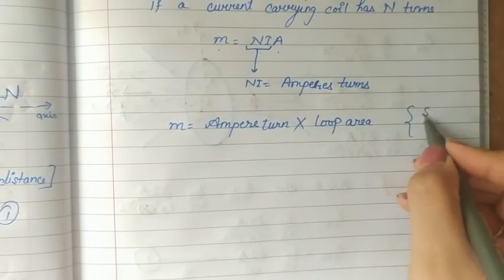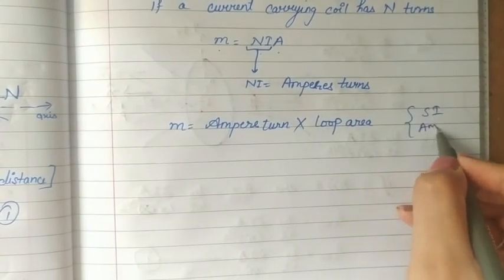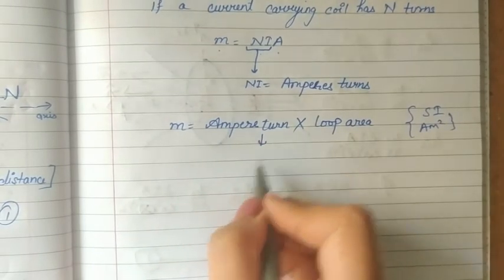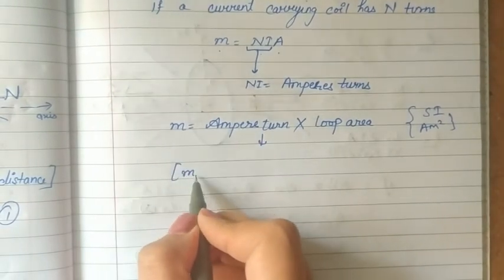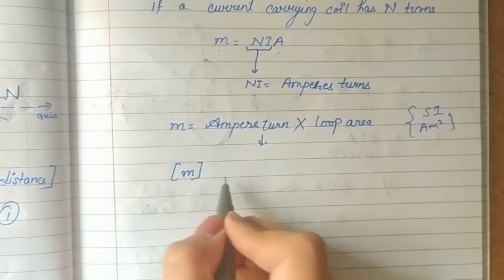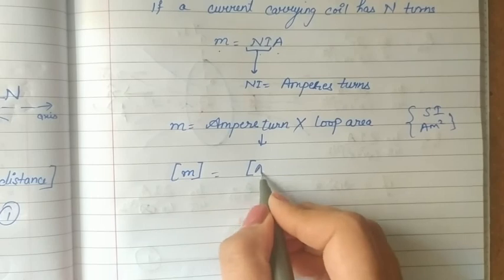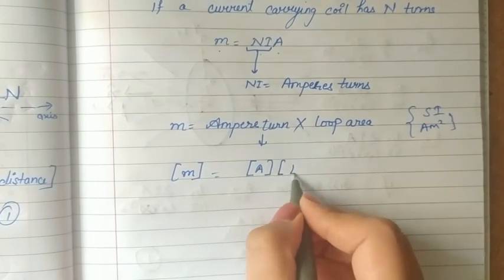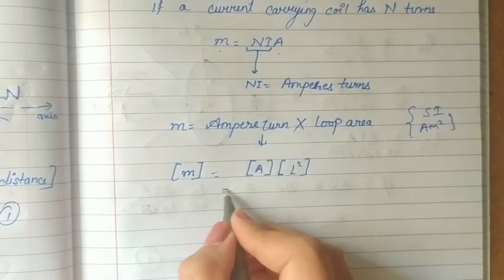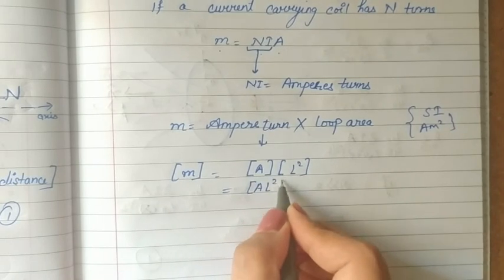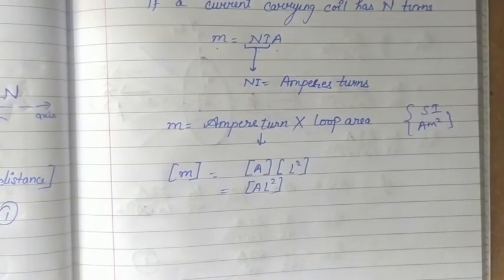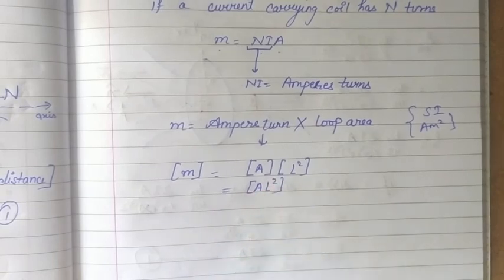So the SI unit of magnetic dipole moment is ampere meter square. The dimension of magnetic dipole moment will be the dimension of current into the dimension of area, that is L squared, so we get A L squared.